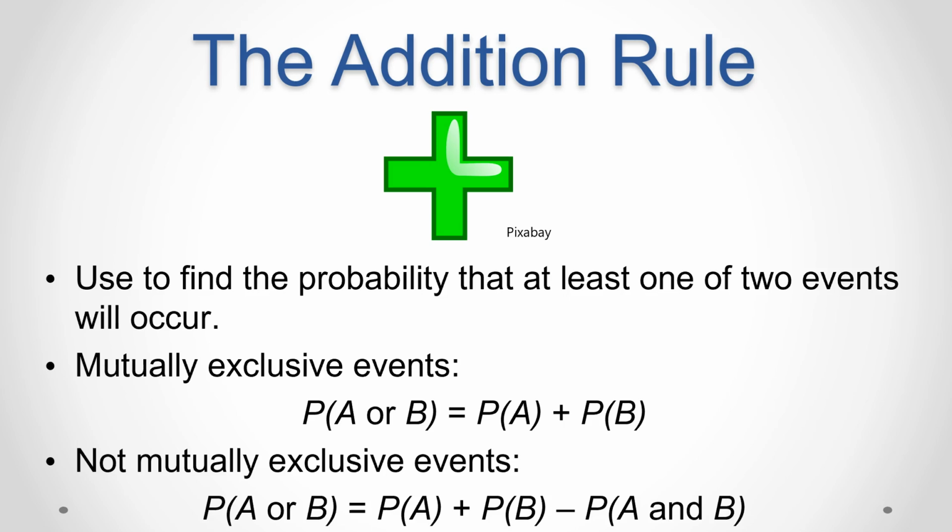Let's try another example. The probability that someone in the human population has an AB blood type is approximately 0.04 or 4%.